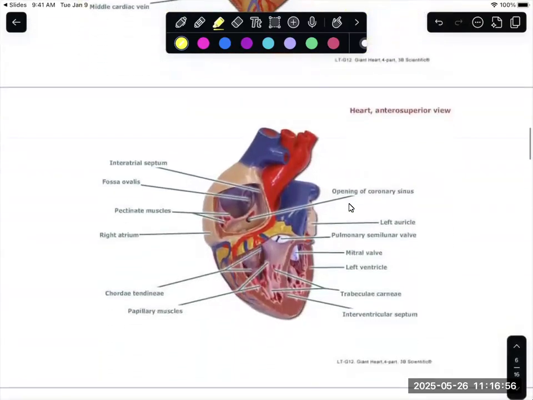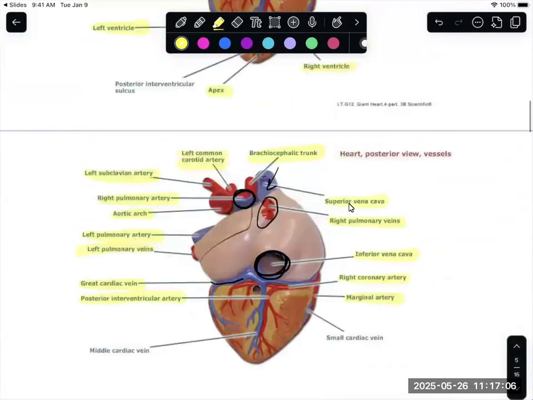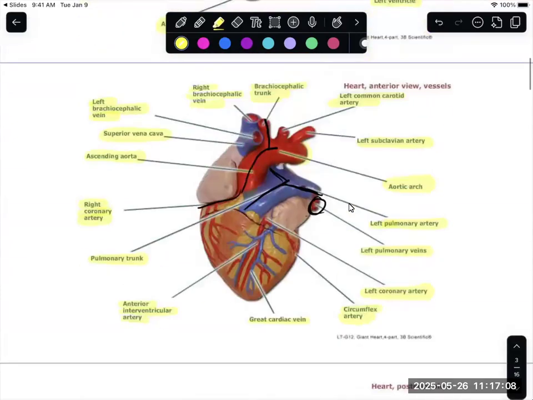Now, if we open the heart, there's a lot of things to see. Let me come back up here for a second. The heart sits within a sac known as the pericardium. The layer that sits directly on top of the heart is the visceral pericardium.